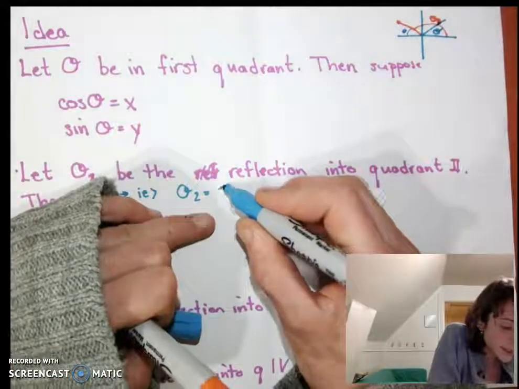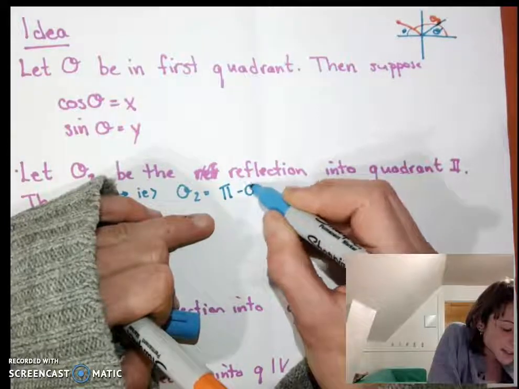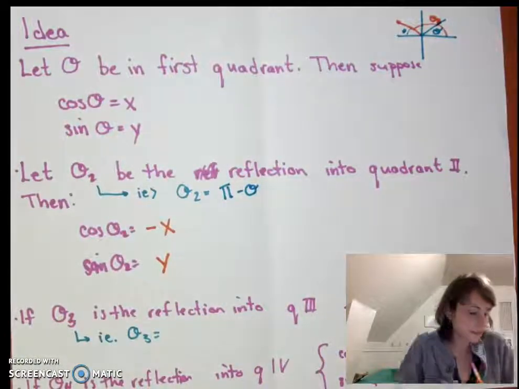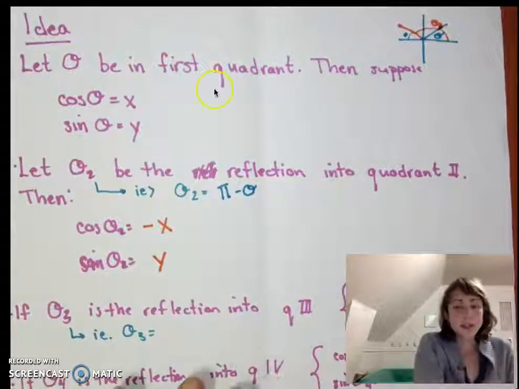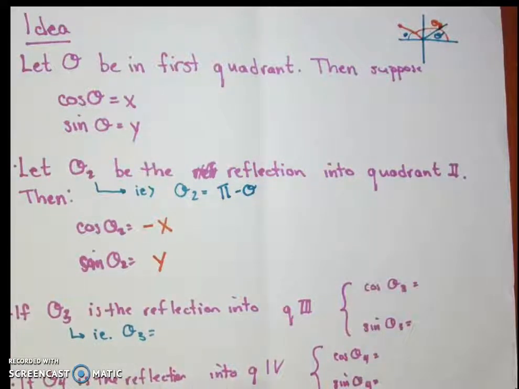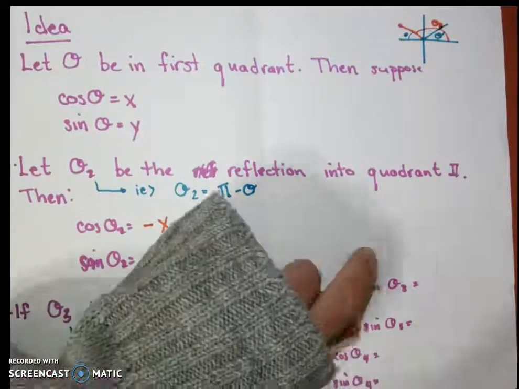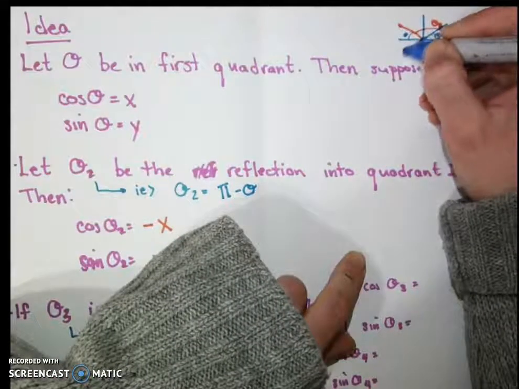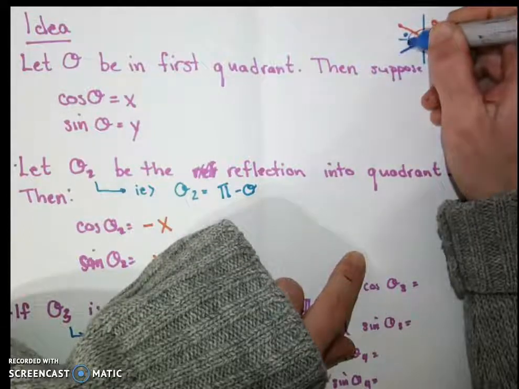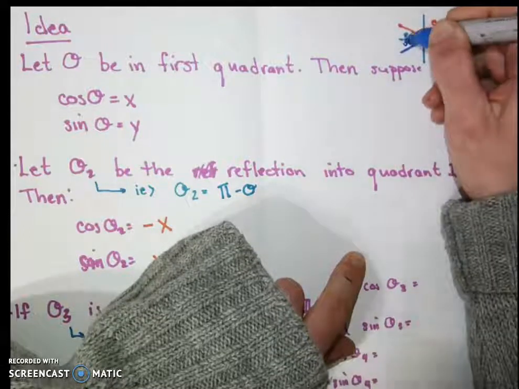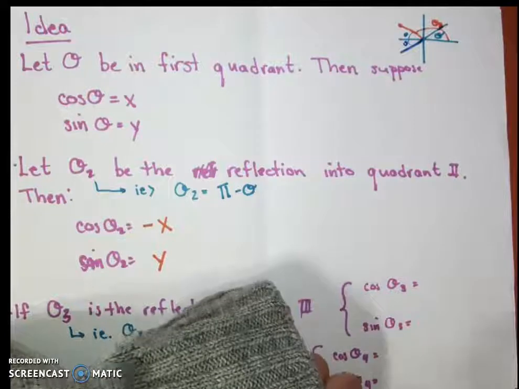So theta 2 is pi minus theta. That means we're in quadrant 2. Now to bump ourselves into quadrant 3, what would we have to do? Well, we would go another theta beyond pi. That puts us into quadrant 3.